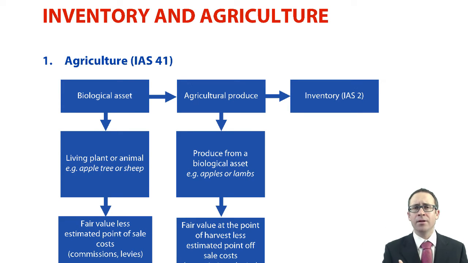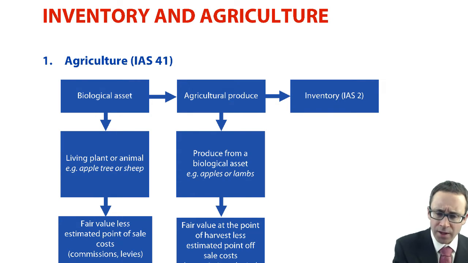So there is a link between the agricultural activity and what we then record as our inventory. So with regards to agriculture and IAS 41, there's two things that we need to think about.